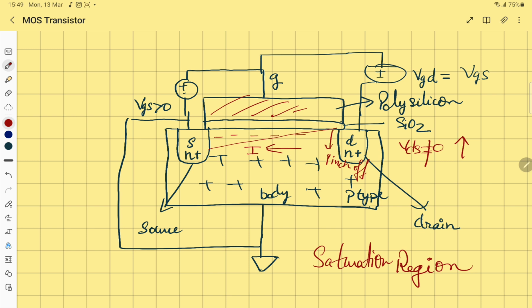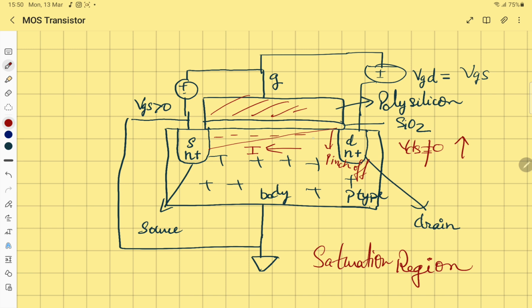Now, there is an obvious doubt: if there is no channel near the drain, then how come the electrons are still flowing from source to drain and current is still flowing? The reason for this is the drift of electrons. There is an electric field between the drain and the source.